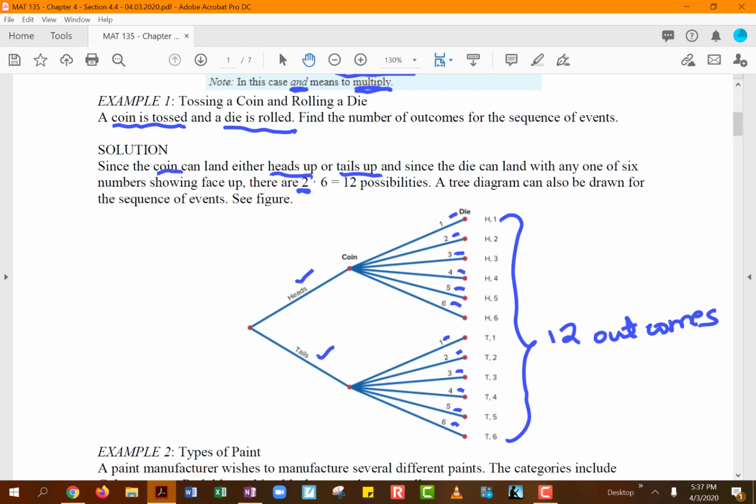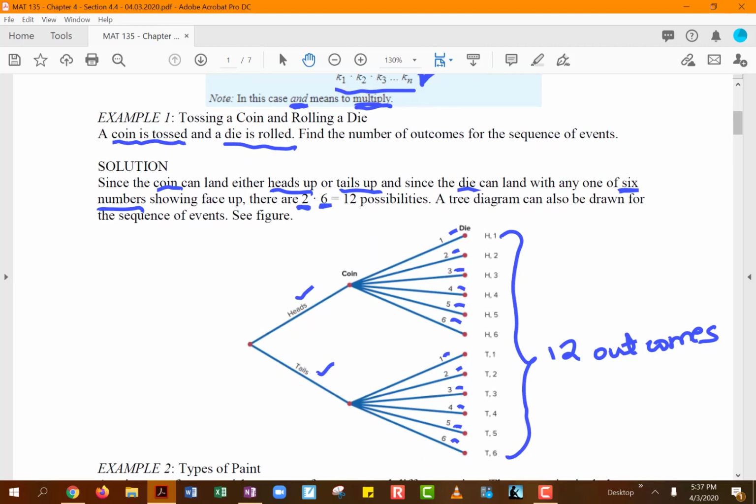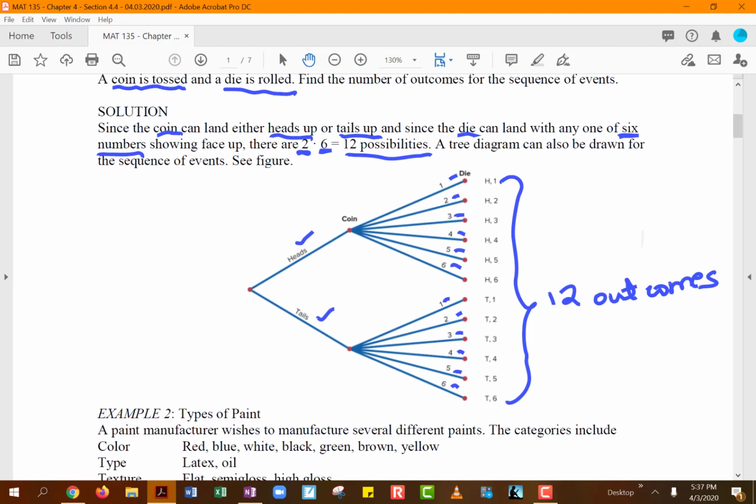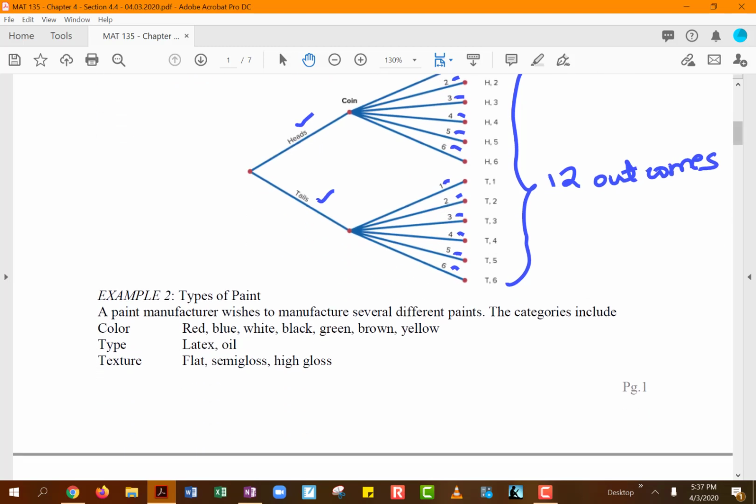Rolling a die gives any one of those 6 numbers, so 6 outcomes. You multiply your 2 possibilities, 2 times 6, which gives a total of 12 possibilities. And of course you can see when we do this using a tree diagram, we end up getting the same result.